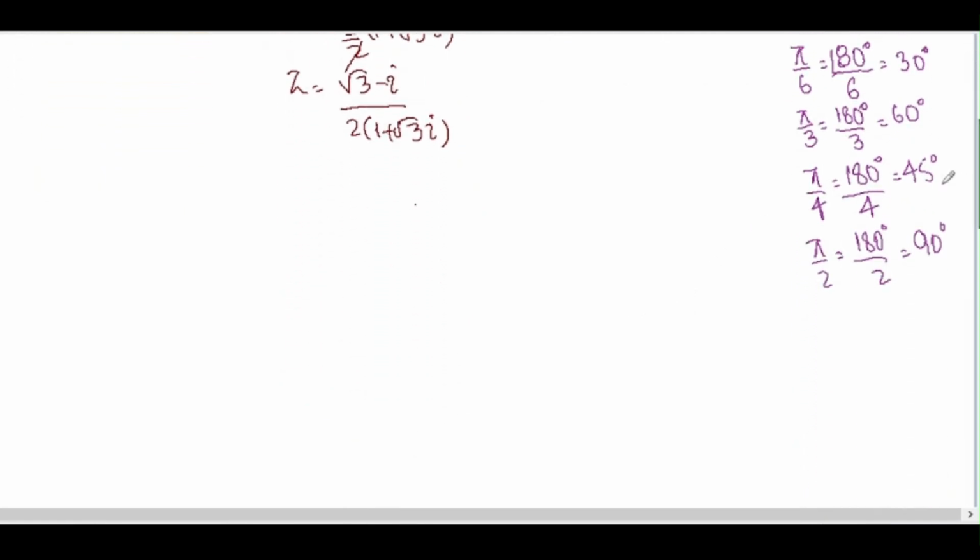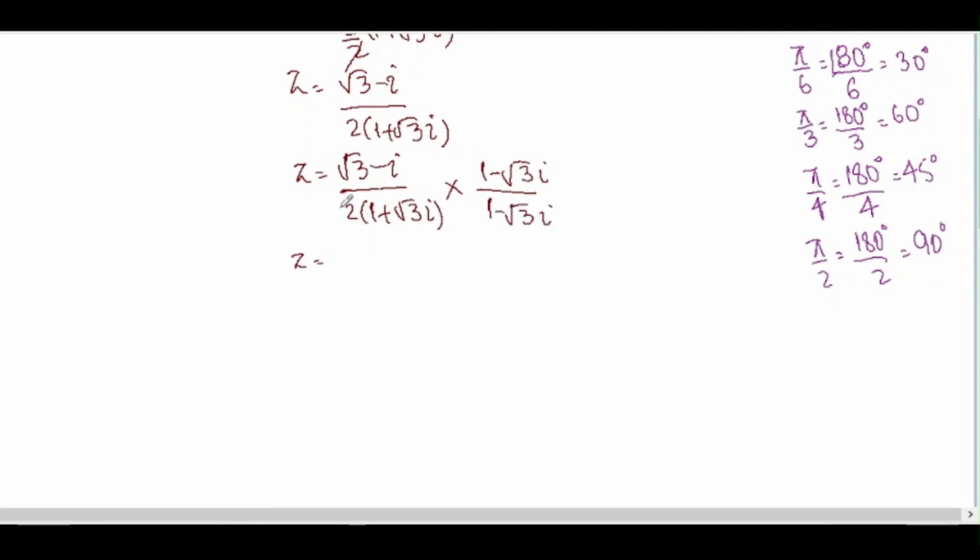Now we are going to rationalize it. Rationalization means that we have to multiply and divide by the conjugate of the complex number written in the denominator. As the denominator has the complex number 1 plus square root of 3 iota, we are going to multiply and divide it by 1 minus square root of 3 iota.